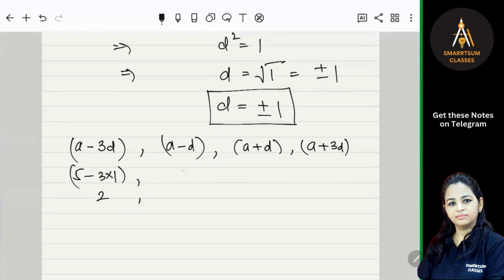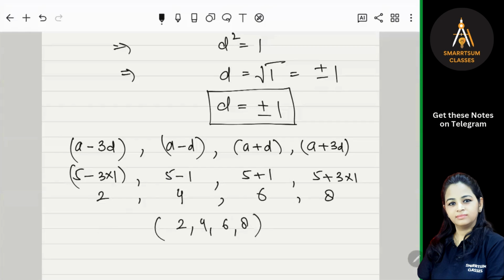Then a minus d, 5 minus 1, that is 4. a plus d means 5 plus 1, 6, and a plus 3d means 5 plus 3 into 1, that is 8. So what you will be getting? The set is 2, 4, 6, 8.